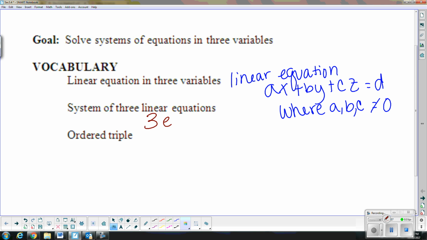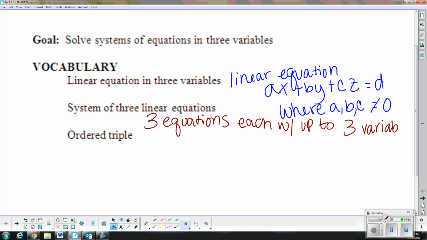So 3 equations, each with up to 3 variables. So for example, an example of a system of 3 linear equations would be something like the first equation could be 2x plus y minus z equals 5.